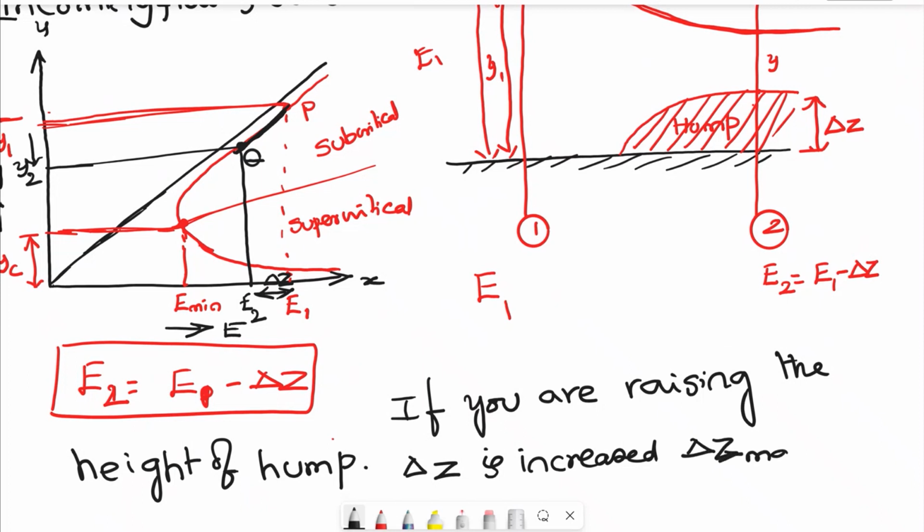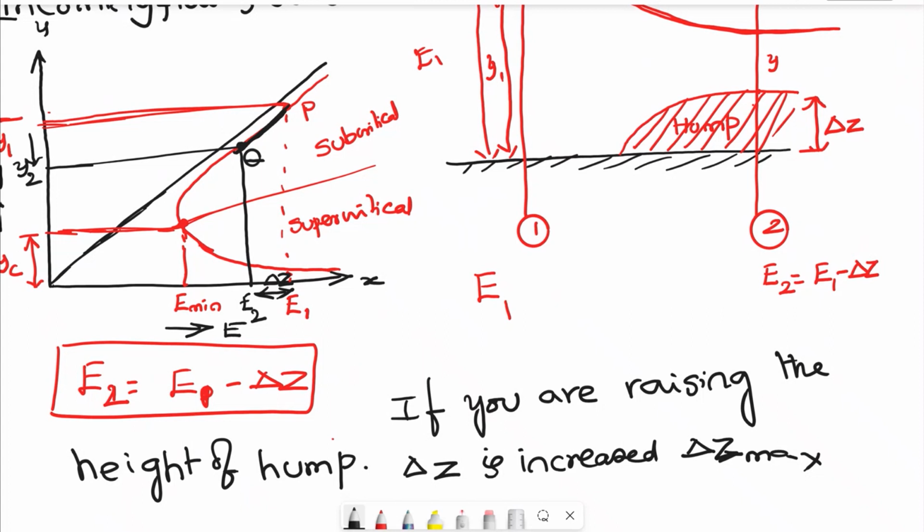What will happen to the flow? That is the next question. When delta Z is increasing, what happens to Y2? Y2 will keep decreasing.